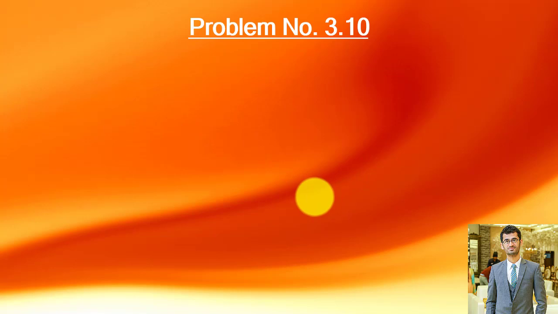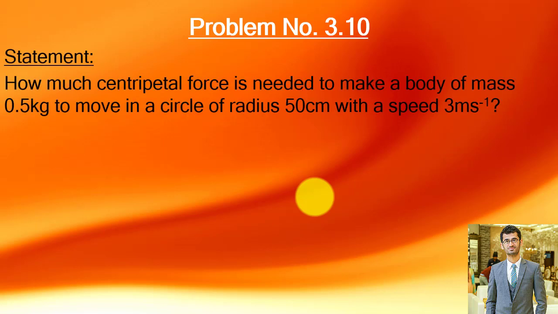Moving on to our last numerical problem, that is 3.10. How much centripetal force is needed to make a body of mass 0.5 kg to move in a circle of radius 50 centimeter with a speed 3 meter per second?